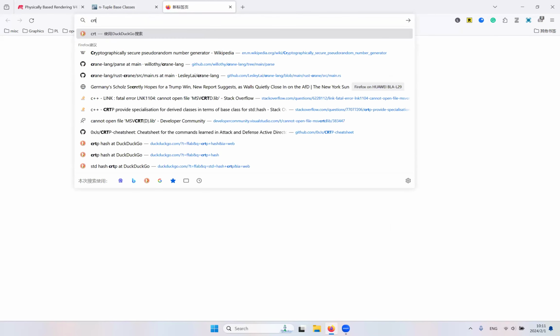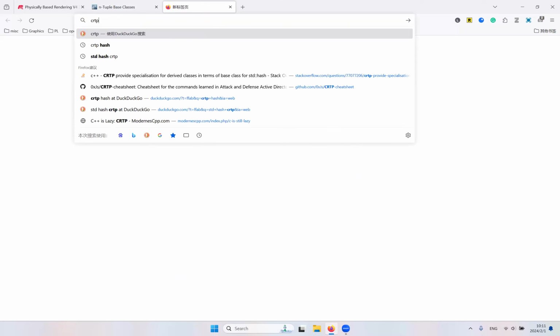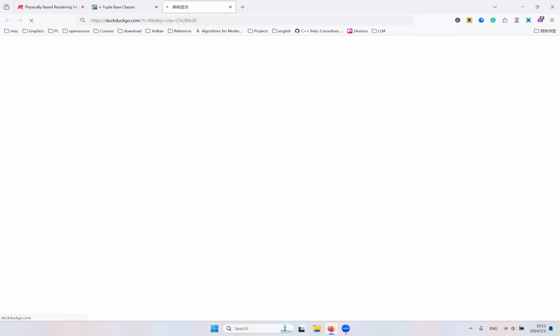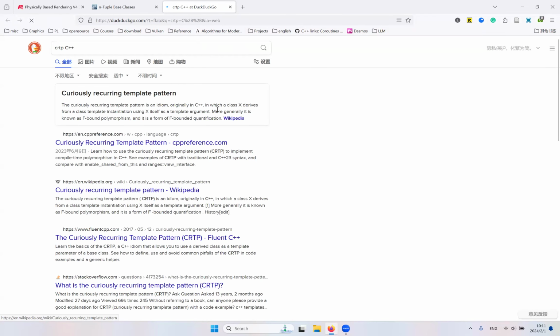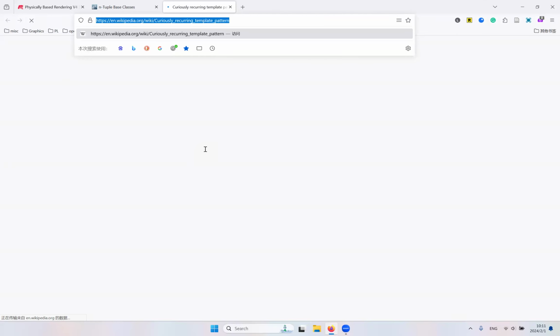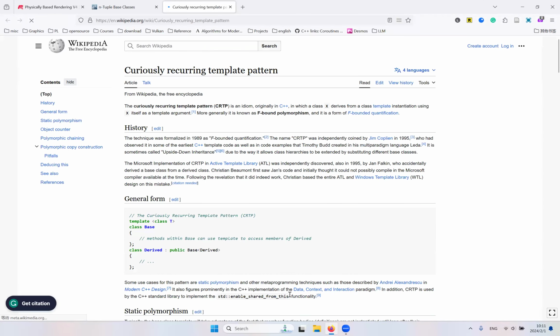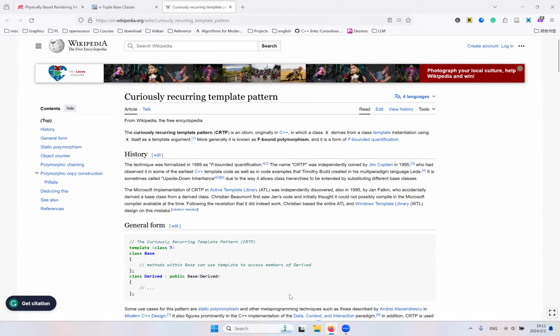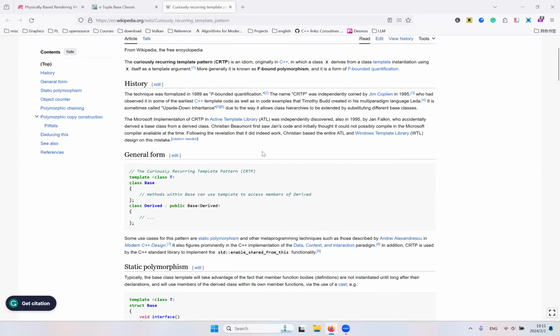For people who don't know what CRTP is, I think it is a bit magical before you really come to grips with the C++ templating system. I don't want to explain that because it's not easy. We'd be here all week.